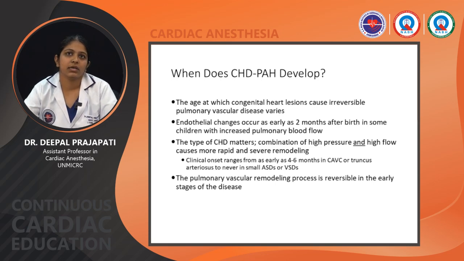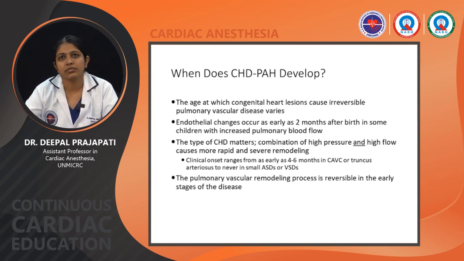When does congenital heart disease with pulmonary hypertension develop? The age at which congenital heart disease causes irreversible pulmonary vascular disease varies. Endothelial changes can occur as early as 2 months after birth in some children with increased pulmonary blood flow. The type of congenital heart disease matters.